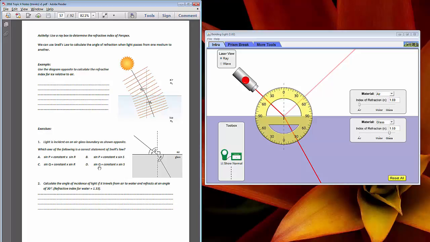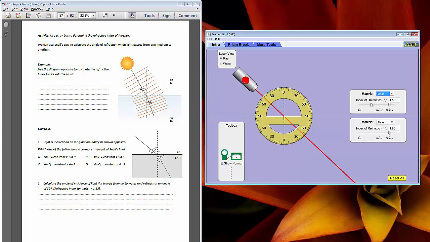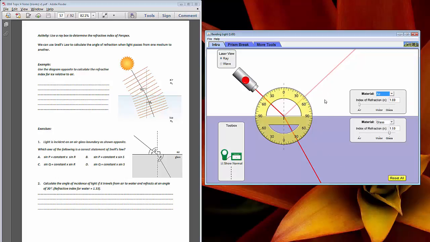And to practice applying it, what I suggest you do is to make measurements here for each one. So maybe you can check with glass. Oops, we want air to glass. Just check that you get the correct answer here. You should have a refractive index of 1.5.